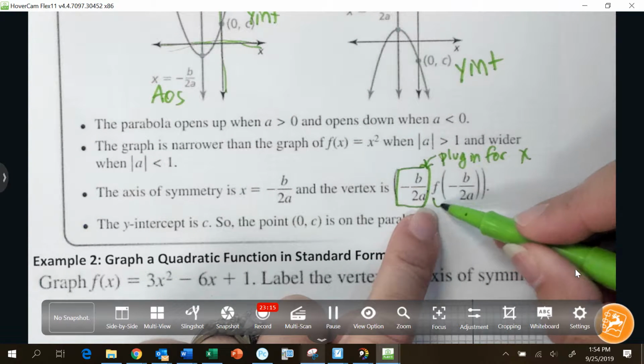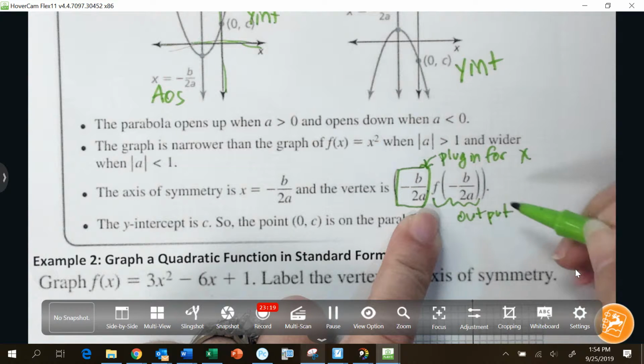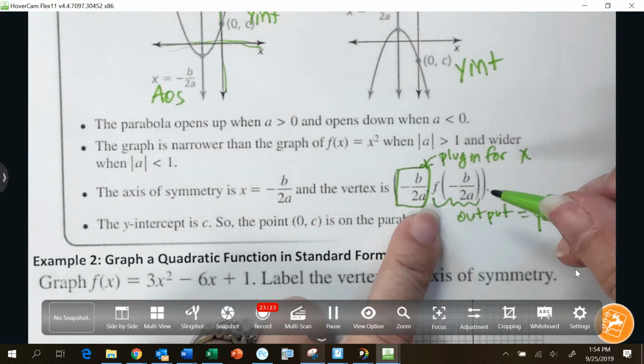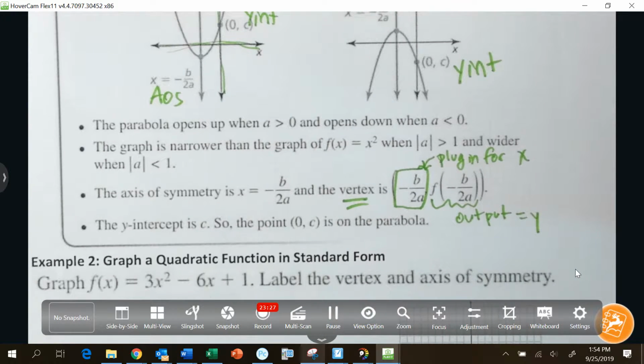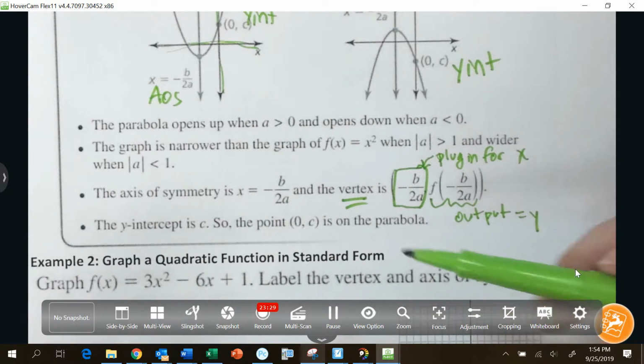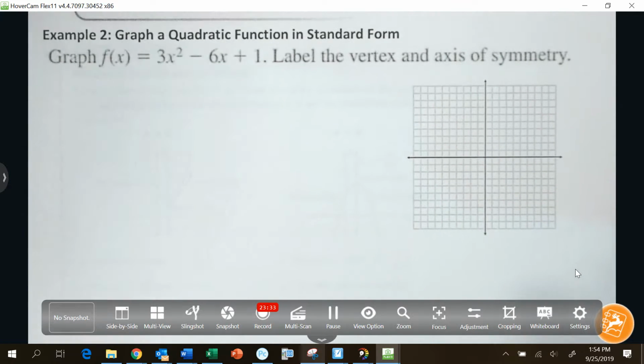You get the y value. This here is the output, and that becomes the y value for the vertex. This is the vertex. And then the y-intercept is 0c. So we're going to do that with this equation.